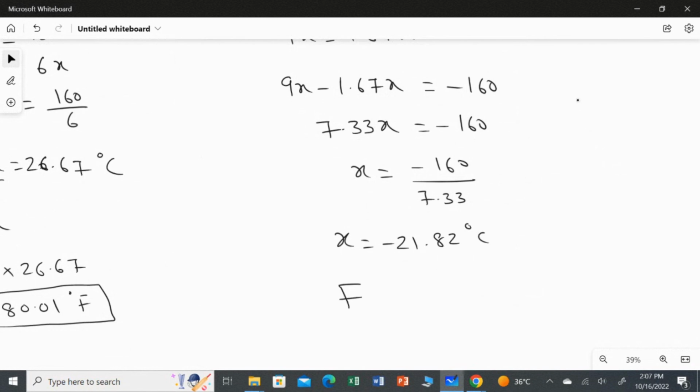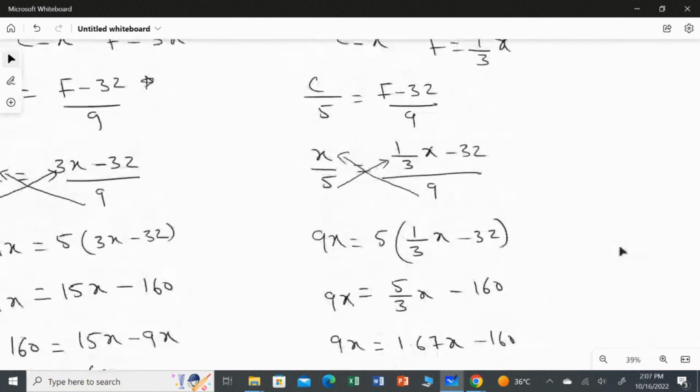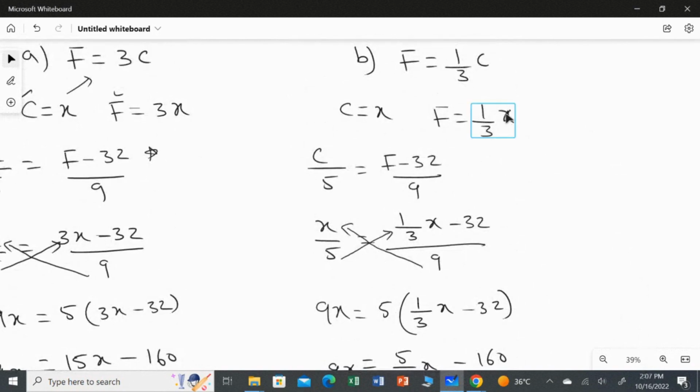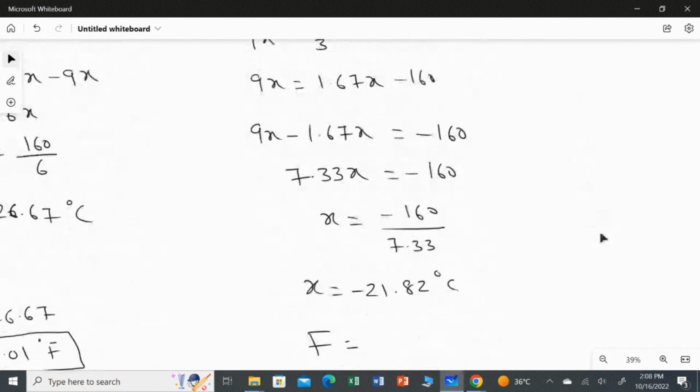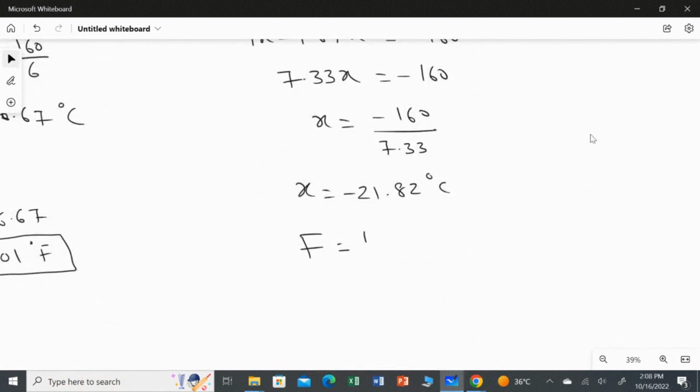Now we have to convert the value of Celsius to Fahrenheit, as we already used the equation here as F is equal to x over 3, right? So 1 over 3 times x. I'm going to take this x and substitute here. Therefore, F is equal to 1 over 3 multiplied by minus 21.82.